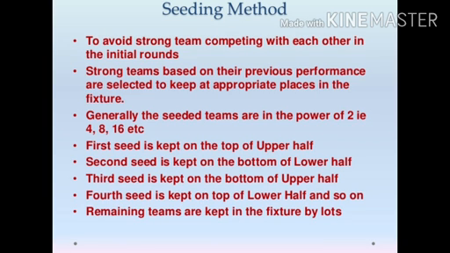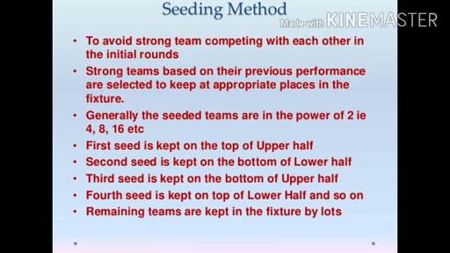Suppose last year's first and second position holders will be on first and second place. So what if the bye is not given? Suppose teams are 8. In the first round they will have a match, and one of the strong teams will be eliminated. Why? Because this is a knockout system.